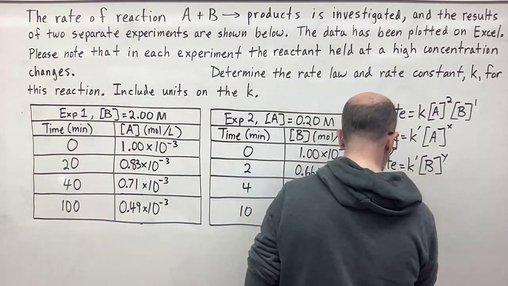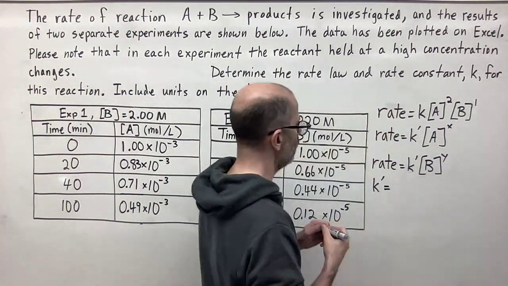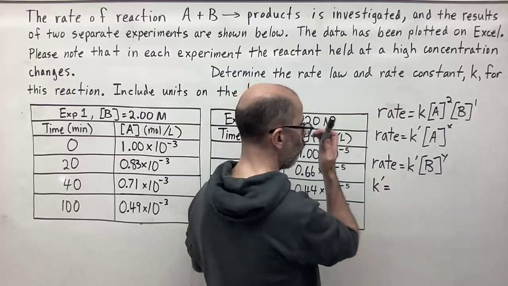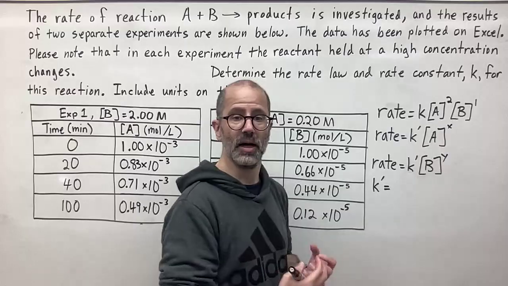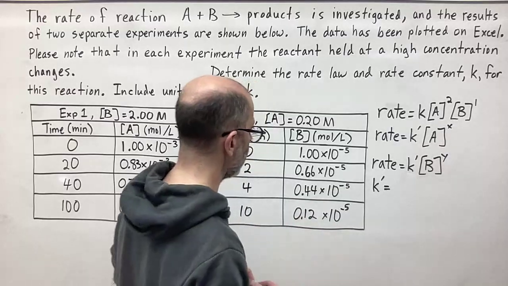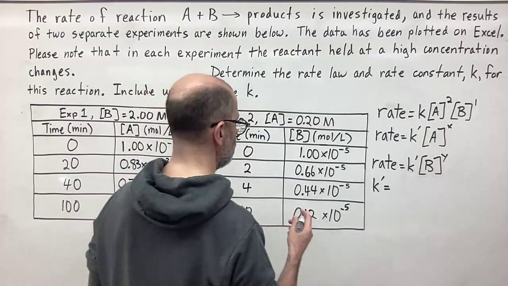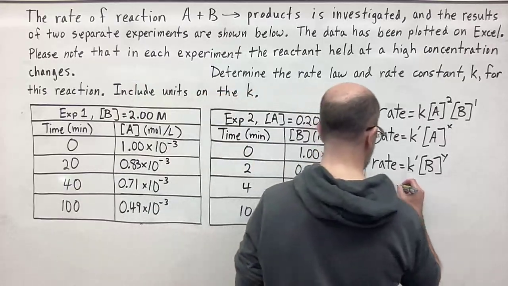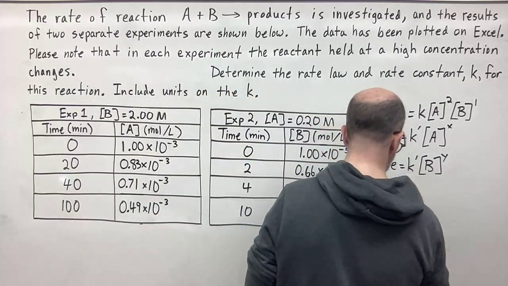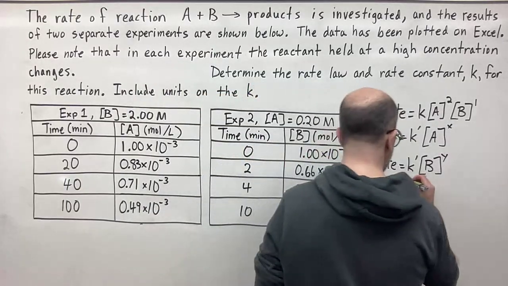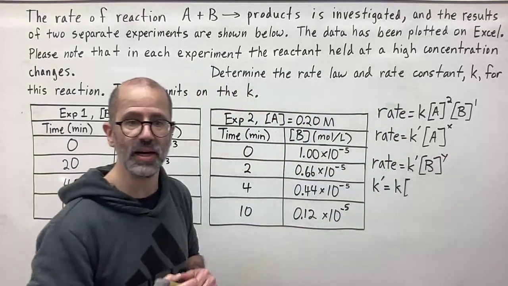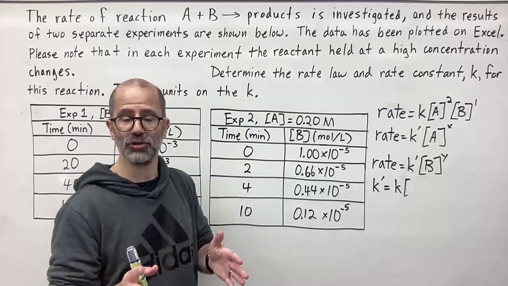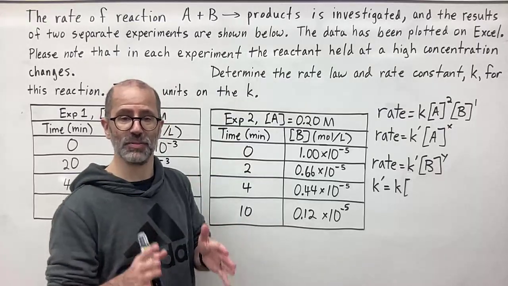Remember I wrote before that the pseudo rate law constant is absorbing the other reactant. So the pseudo rate law constant is equal to the actual rate law constant multiplied by the concentration of the reactant that is being absorbed.